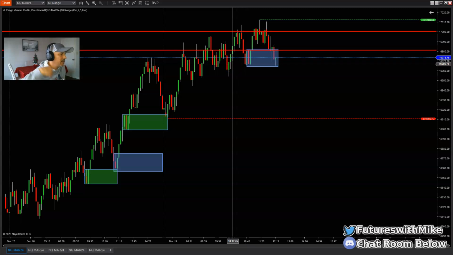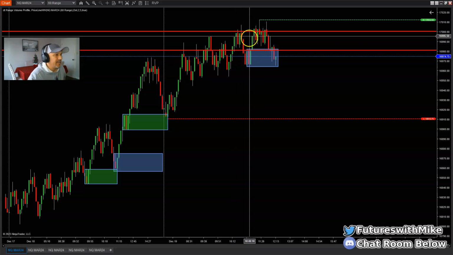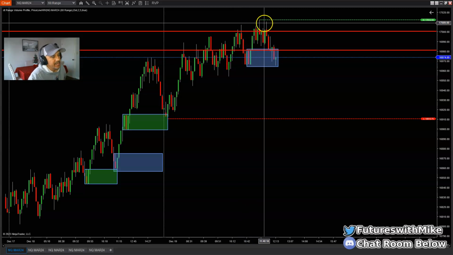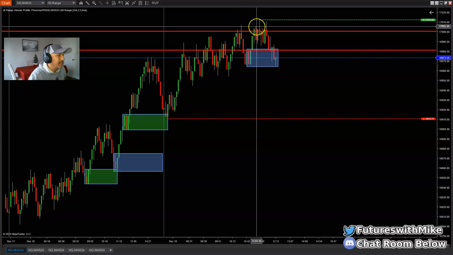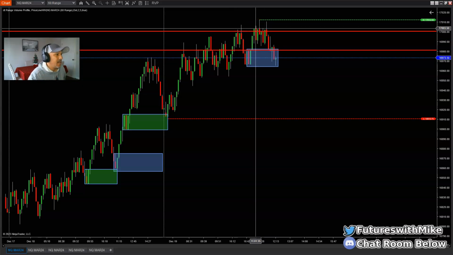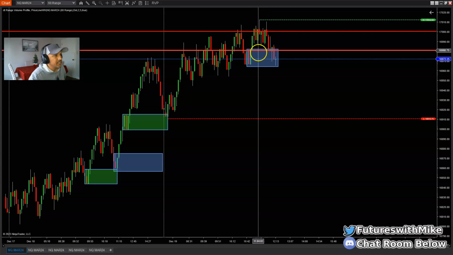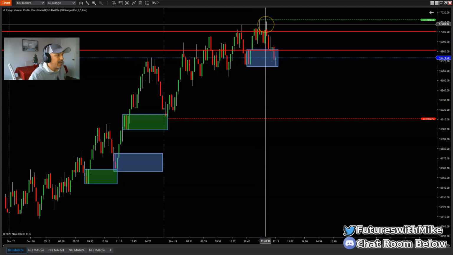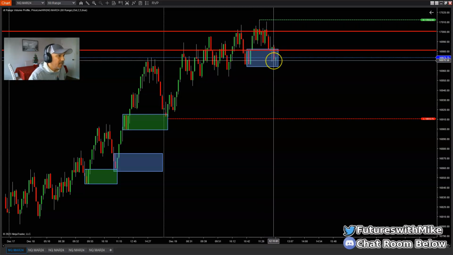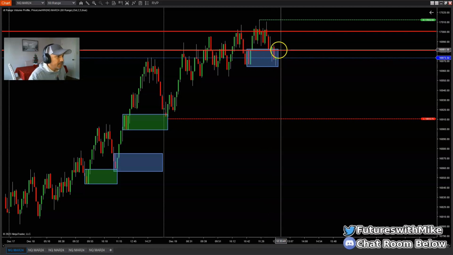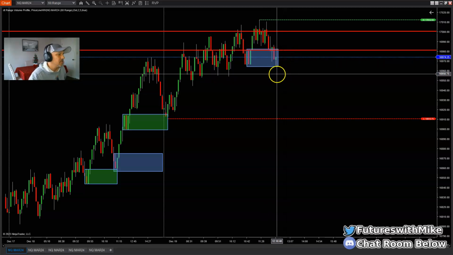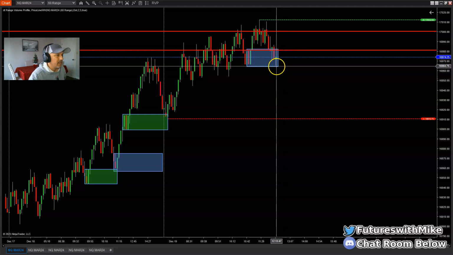When we're talking about breaker structures, yeah, it did break above here, but it started wicking out of the top, so we didn't get a clean break and a close above, making a new high. When you see price wicking above an area structure, and then it comes back, makes a lower high, wicking there, and starts to push lower, that could be a sign that it wants to push lower here.